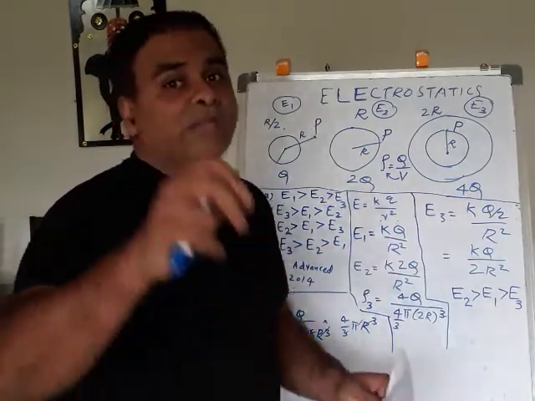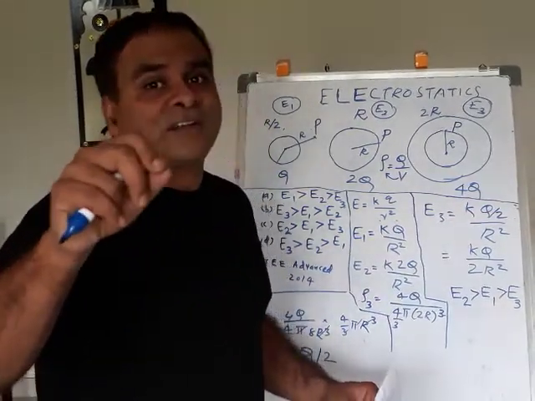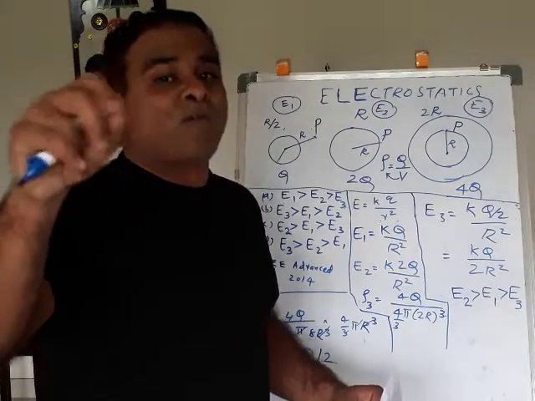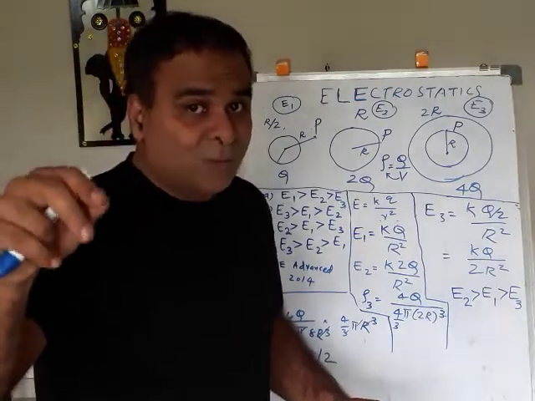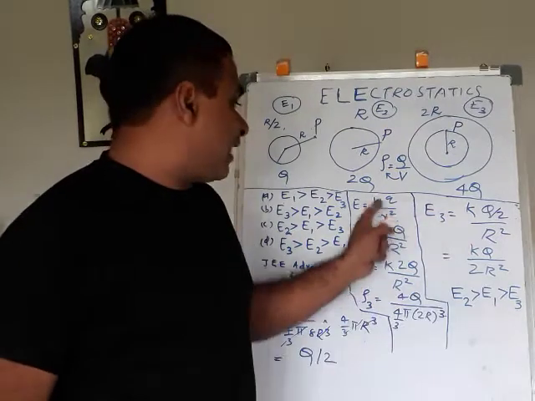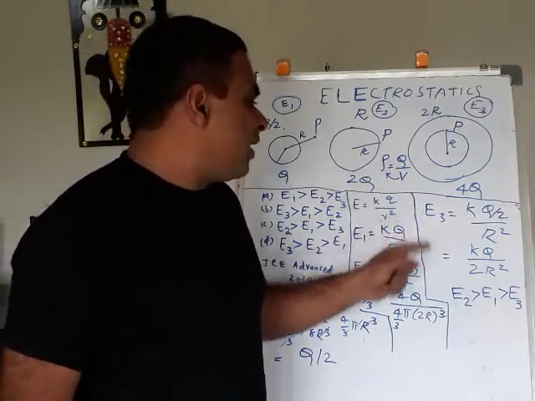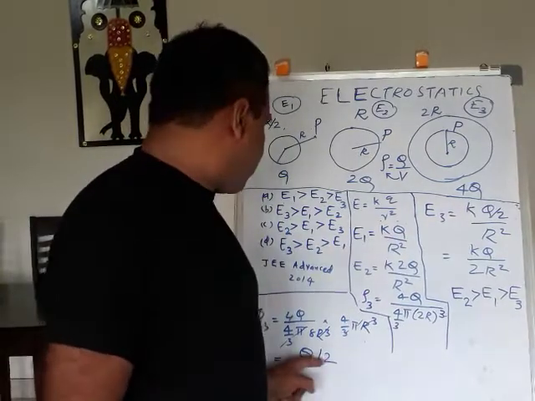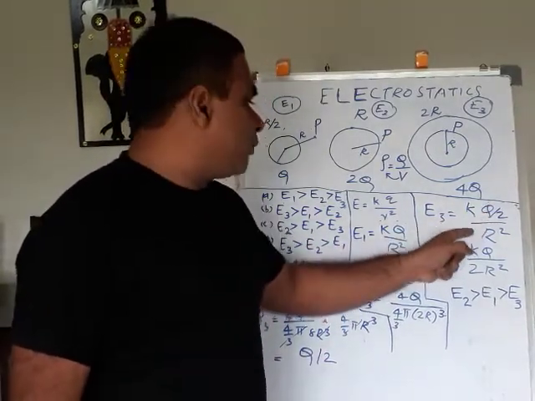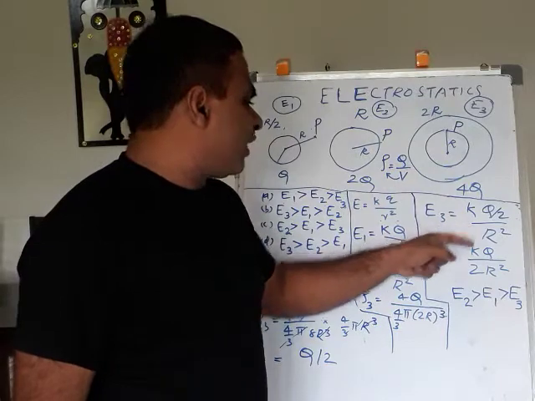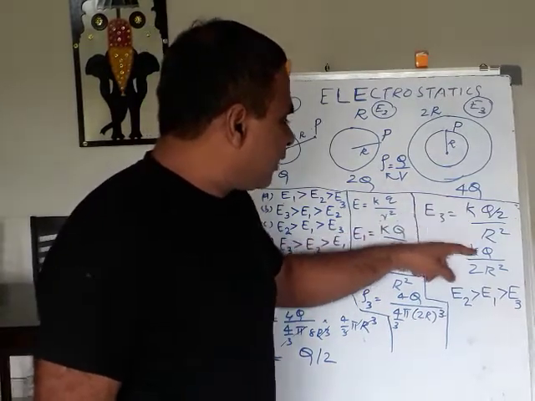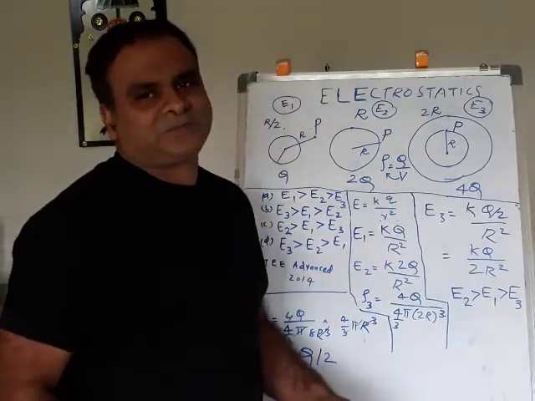We use again the equation for intensity of electric field, E is equal to 1 by 4 pi epsilon 0 into Q by R square, that is KQ by R square. 1 by 4 pi epsilon 0 we have taken as K. Instead of Q we substitute Q by 2, divided by distance R square. So it is KQ by 2R square.